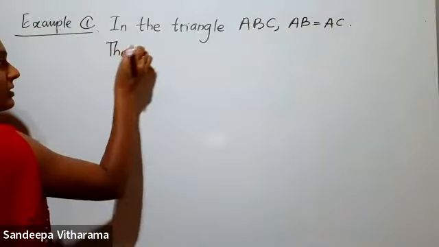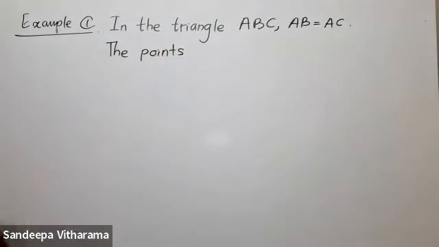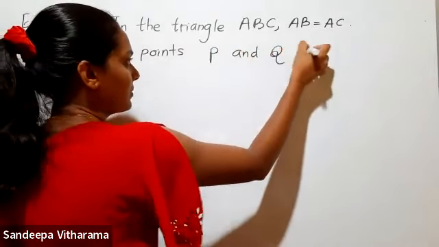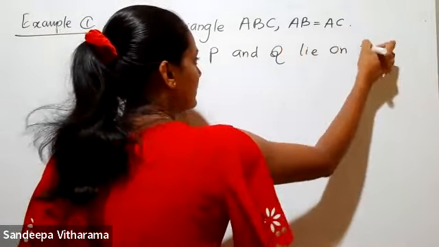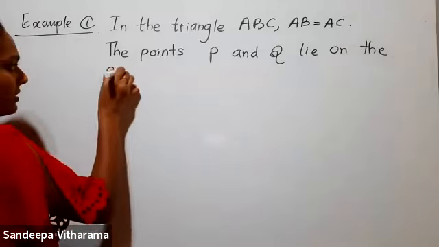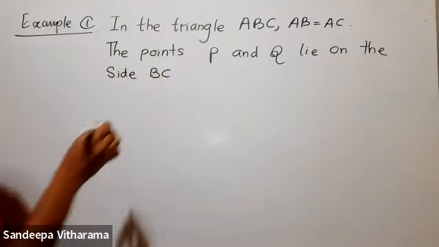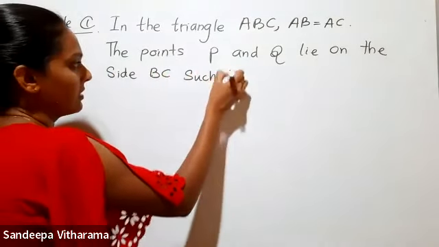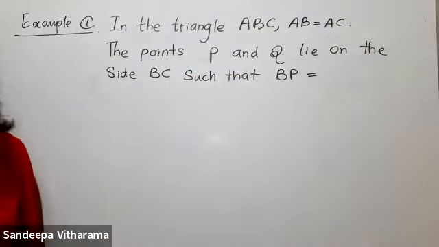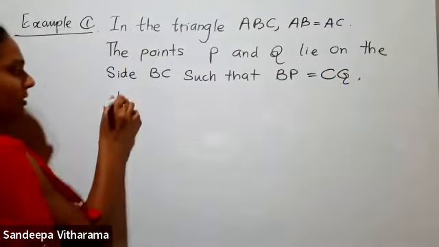The points P and Q are on the side BC such that BP equals QC.